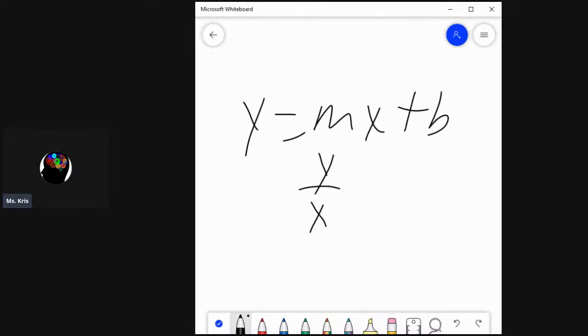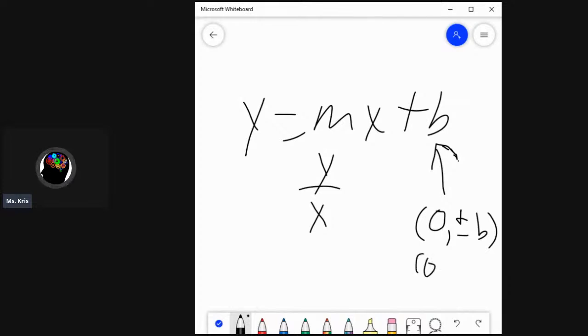Now, when plotting your points, you must first start with the intercept. And the intercept is always 0, comma, positive or negative b.